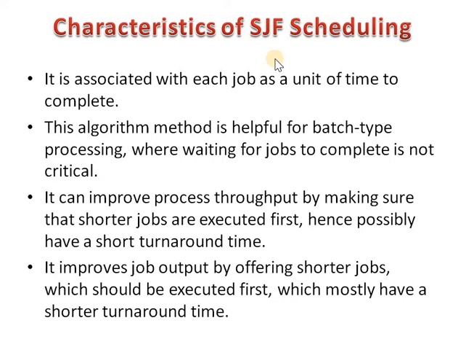That means in the shortest job scheduling algorithm, the job which has the shorter burst time is executed first, and after its completion, the CPU is allocated to the next process.